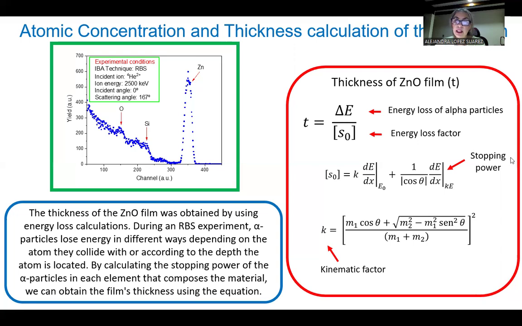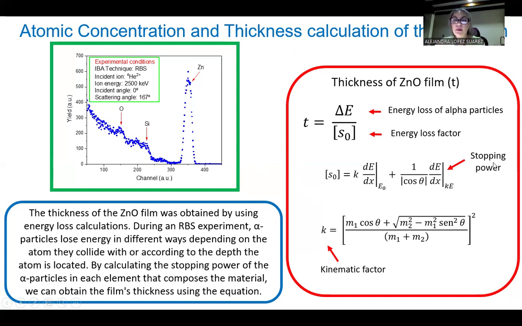Then, by calculating the stopping power, this is the stopping power of the alpha particles in each of the elements that form the material, in this case, zinc or oxygen, we can calculate the thickness of the material using this formula.